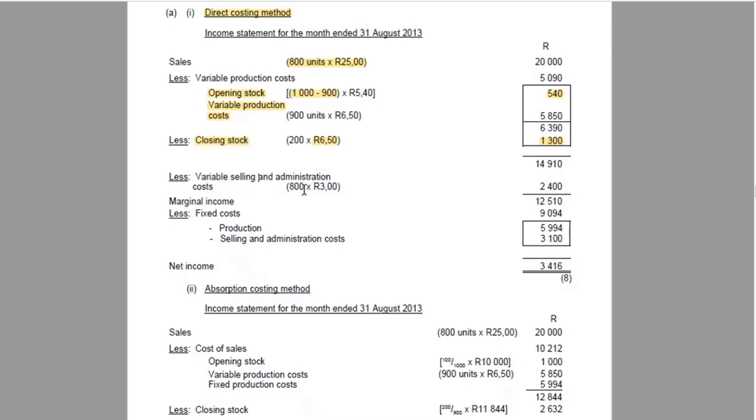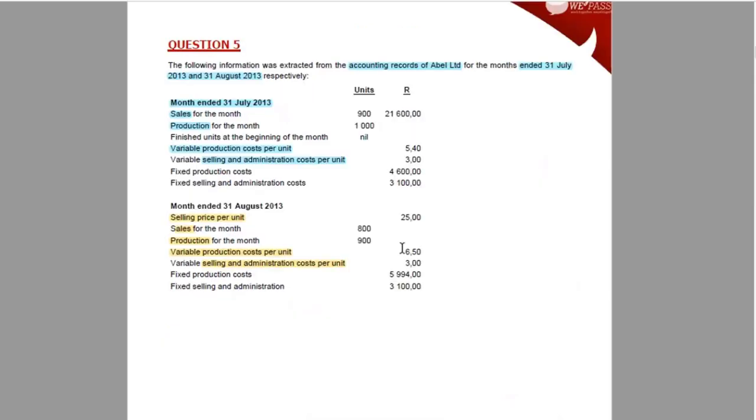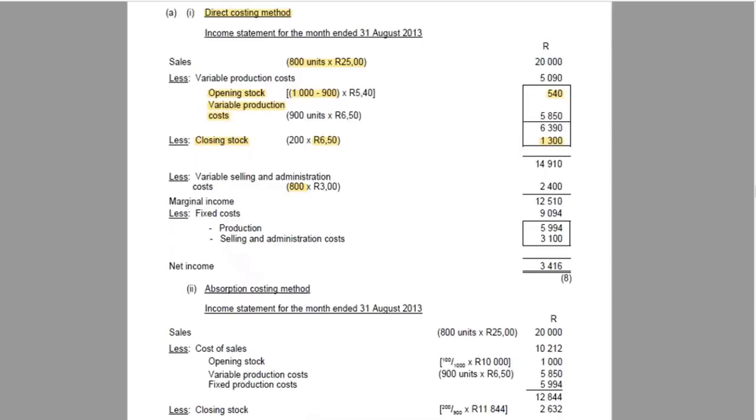For sales, I need the sales units, not production, and I also need to know the cost per unit. They gave you the cost per unit, which is 3 Rand. So it's 800 multiplied by 3 Rand, then you get your 2.4. And that's where you come to your marginal or contribution income.